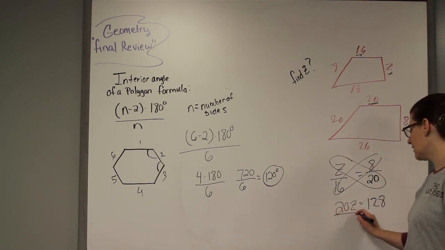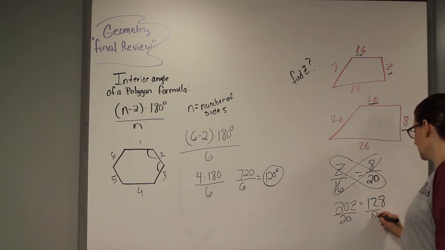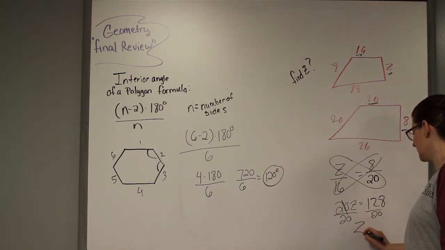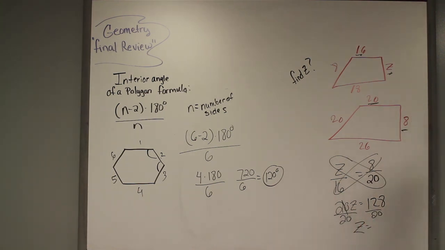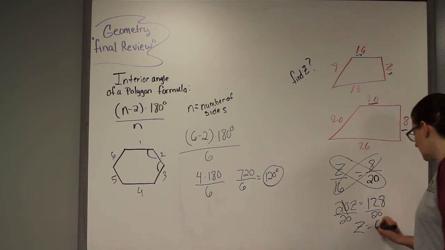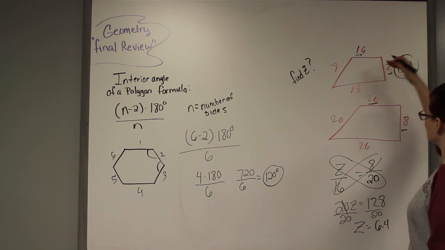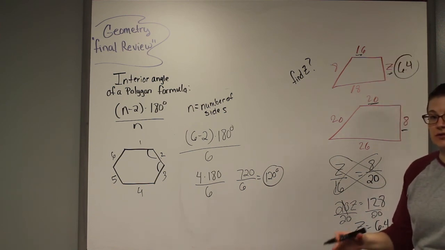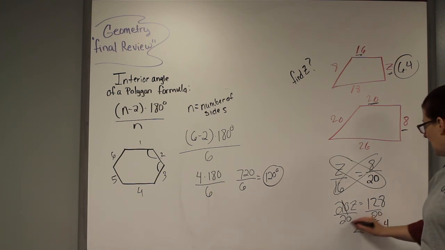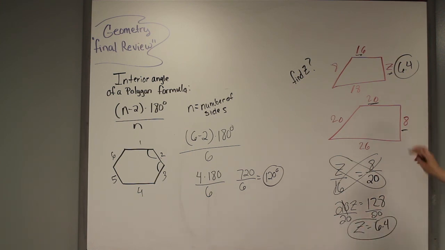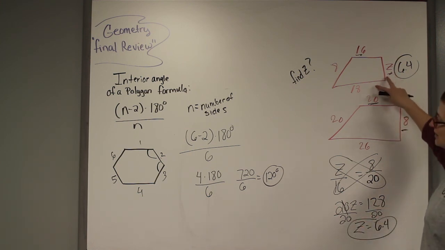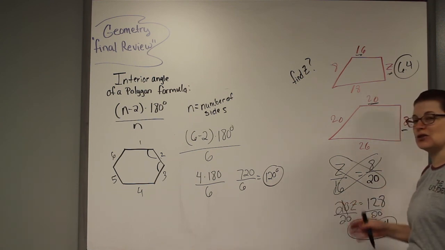So then you divide by 20, and Z will equal, if I can hit the right numbers, 6.4. So that means this side would be 6.4 if these were similar figures, because the ratios have to stay the same, okay? So just pick a side. Now if you're going to use these 2 sides, then you have to use these 2 sides. But that's a straight up formula.